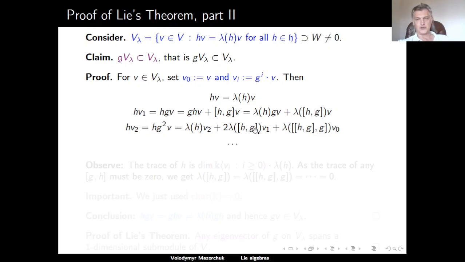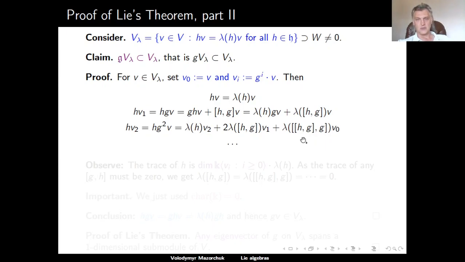When we push it all the way to v, we can use that the action of this commutator on v gives us a scalar, lambda of the bracket of h and g. If we have this commutator only once, we take away one power of g, so we will have the scalar times V_1, as many times as we have to commute it. For the vector V_2, it's twice. So after the first commutation here, we will also have a summand, the commutator of h and g times g v.